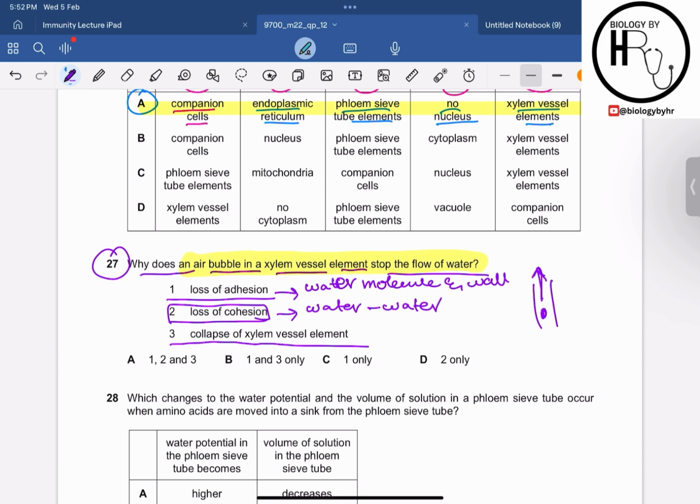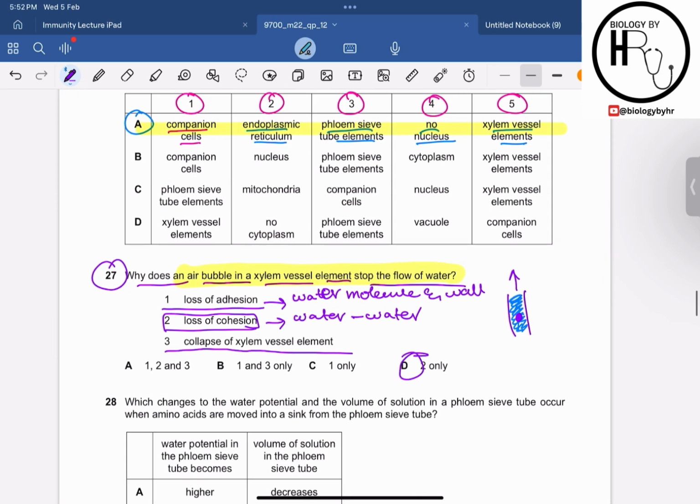For example, there was a continuous water column, and suddenly an air bubble comes over here. It will break that continuous water column, preventing the further upward movement of the water. So the correct answer would be option D, which is 2 only.